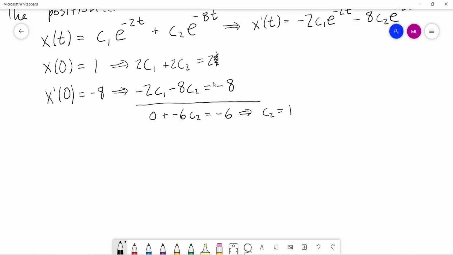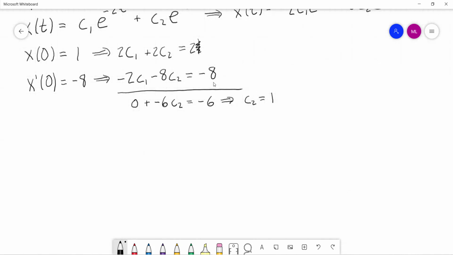And if c2 is equal to 1, then going back to either one of the equations, we can plug this into either of the equations here or here. So let's go to the top one.